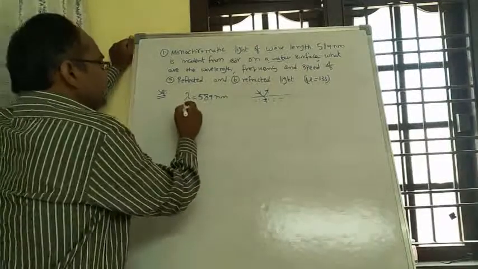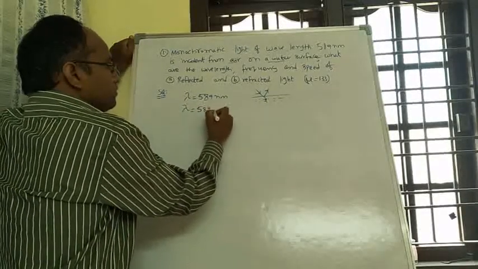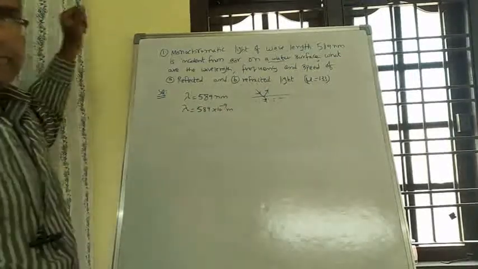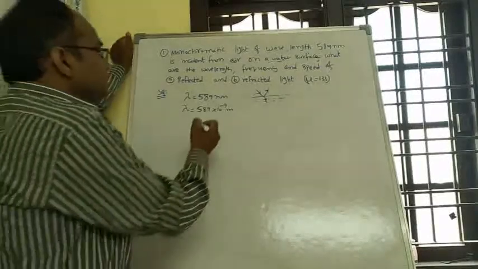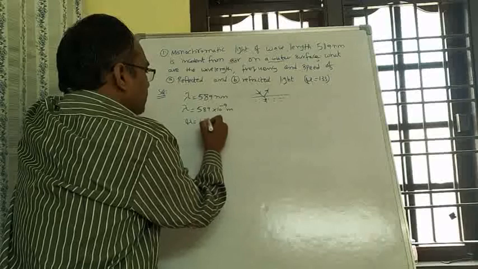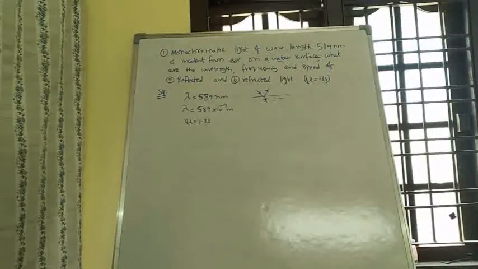They have given the lambda value as 589 nanometer, which we write as 589 times 10 to the power of minus 9 meter, and the refractive index is given as 1.33.